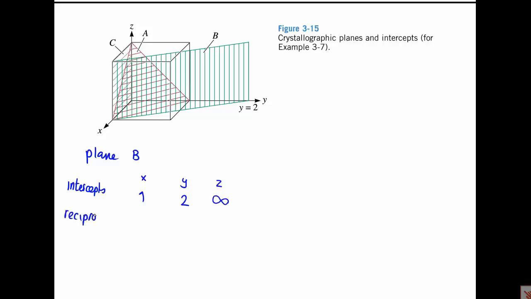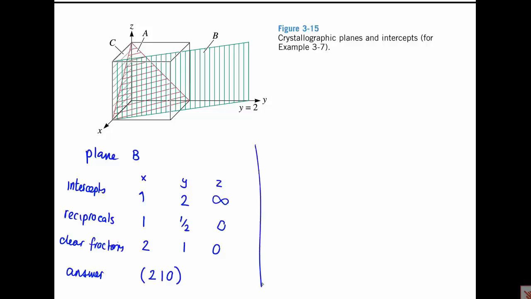Now we take the reciprocals: 1, one half, and the reciprocal of infinity is 0. Now we clear fractions. Multiply everything by 2. We get 2, 1, 0. So the answer is that plane B has the Miller indices (2 1 0). Let's try plane C now.